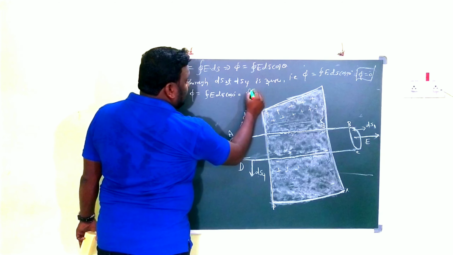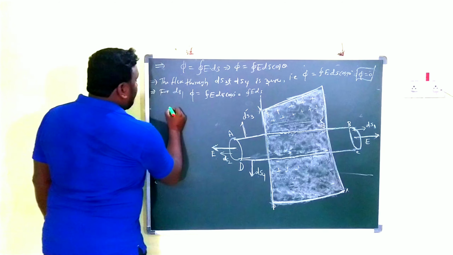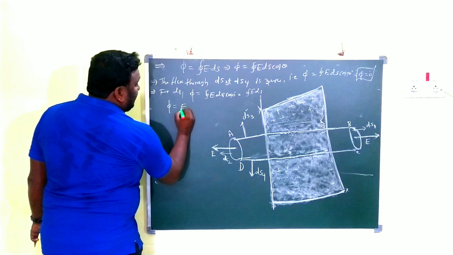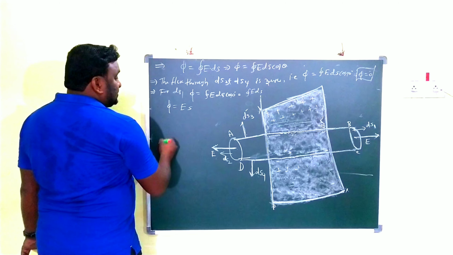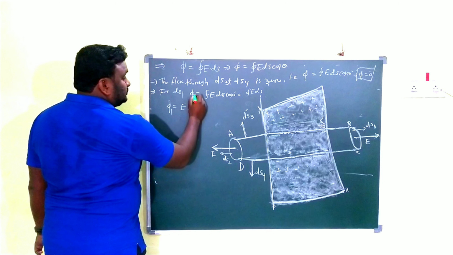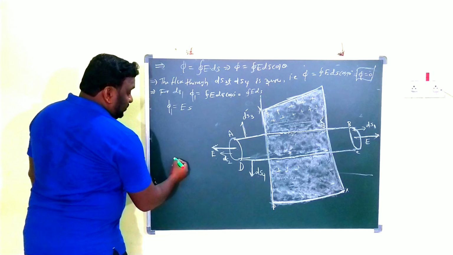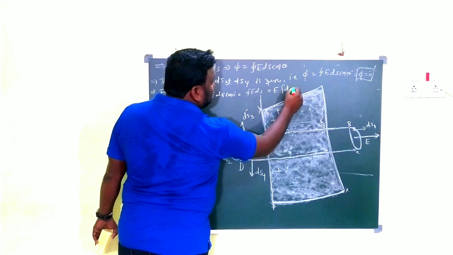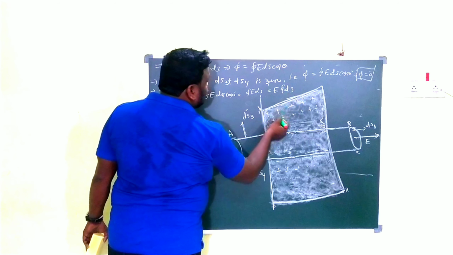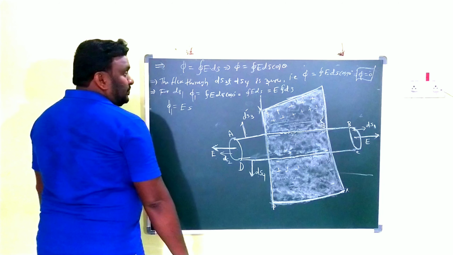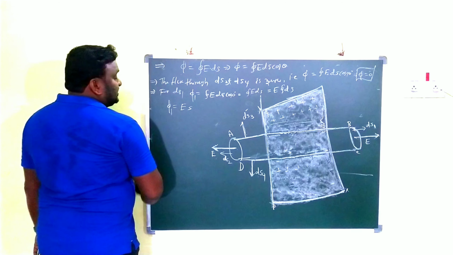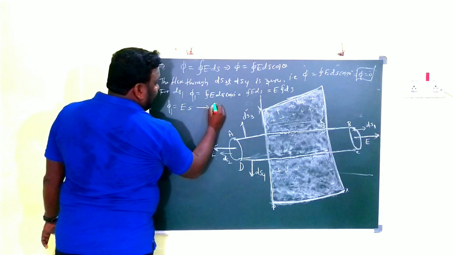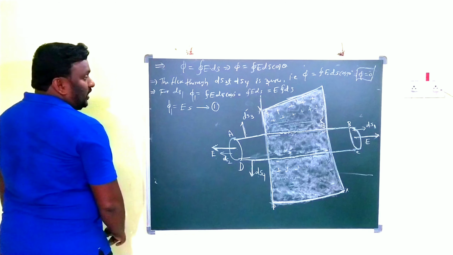That implies E ds. Phi is equal to ES. Now I am calling this phi 1. Clear? Here E is constant, so we write E integral ds, and what we get is S, the surface area. That's why phi 1 is equal to ES. I am calling this equation number 1.